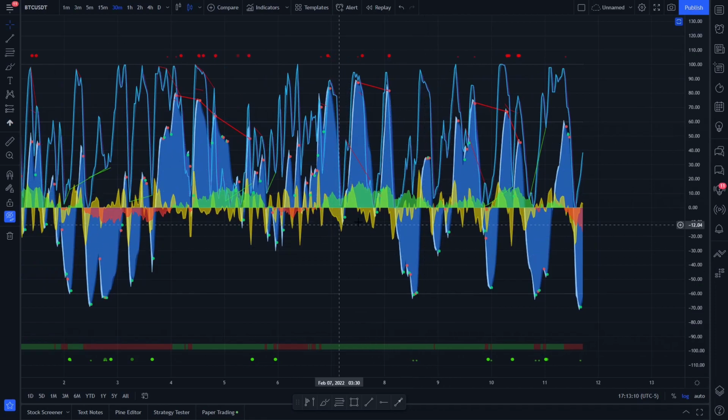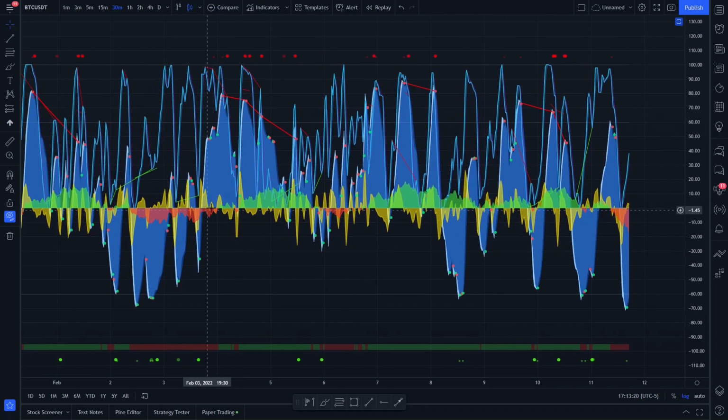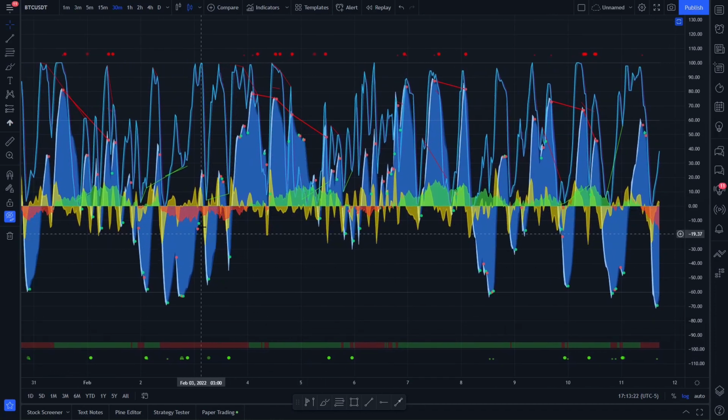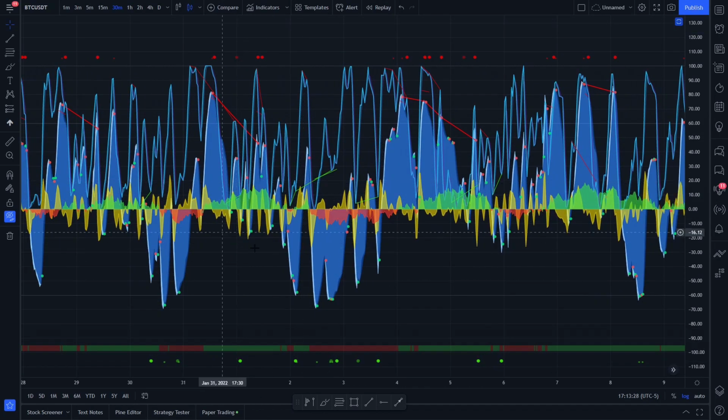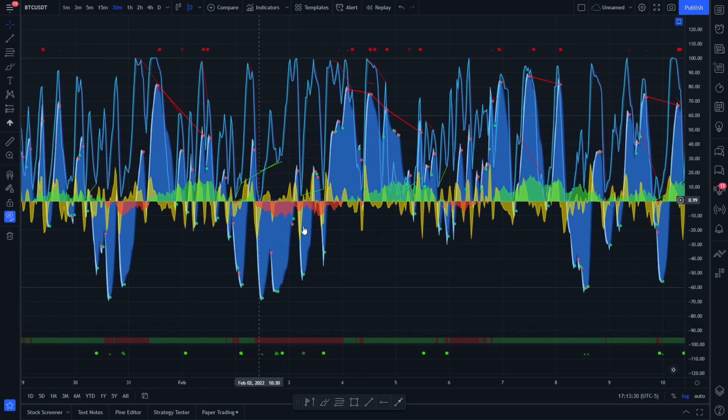Just a couple things quickly to explain. The yellow areas here are the VWAP, and the green and the red is basically money, whether it's coming in or going out, and who's currently in control. When there's red money here, it matches up with this bar on the bottom, and when there's green, it matches up with this bar on the bottom, saying that the buyers or the sellers are in control.